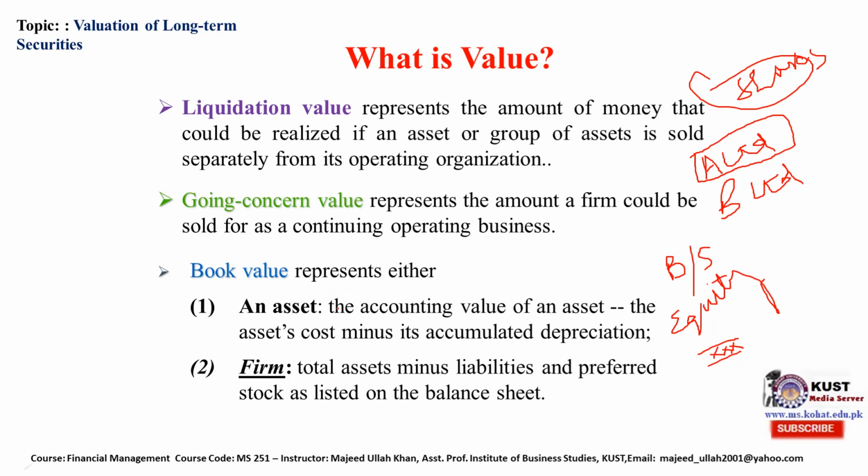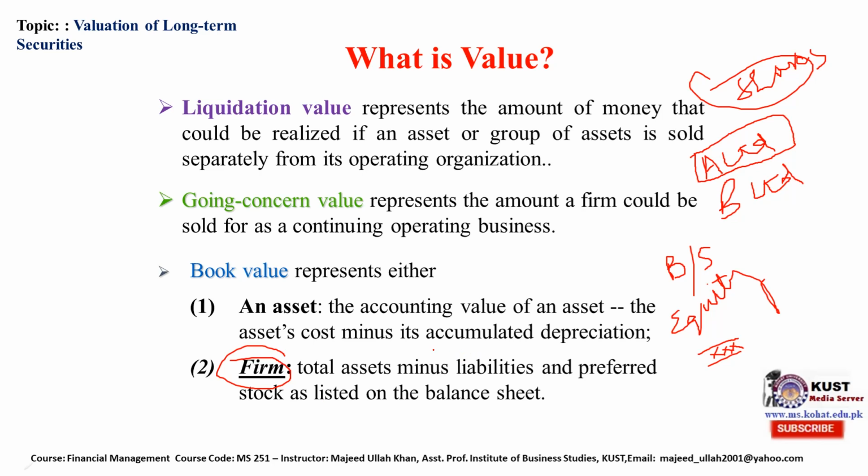If we say that an asset has a book value, that is the accounting value of an asset: the asset cost minus its accumulated depreciation. If we refer to the book value of the whole firm, it is total assets minus liabilities and preferred stock listed on the balance sheet.